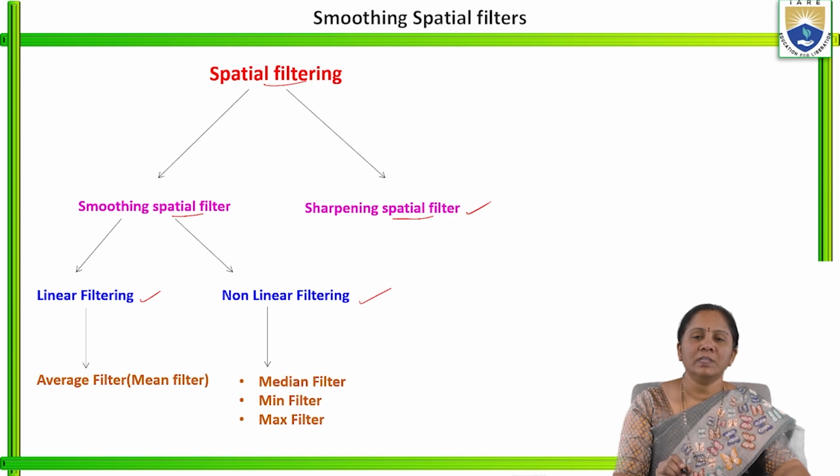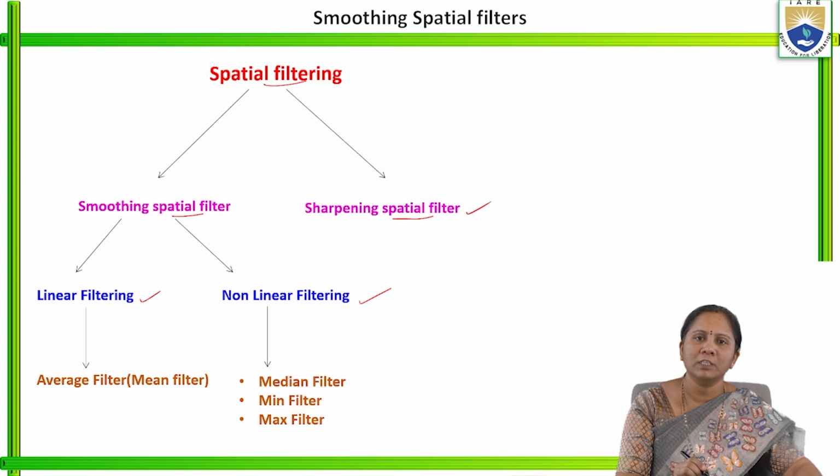The basic difference between linear filtering and non-linear filtering is that in a linear filter, to calculate the new pixel value, we consider the neighborhood pixels and perform a convolution operation between the mask, that is the given filter, and the pixel values of the image.